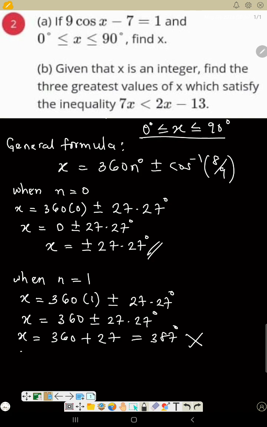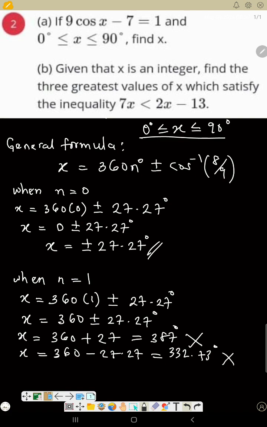Let's see the minus. So 360 minus 27.27, so that will be 332.73. So this is also out of range. This is more than 90.